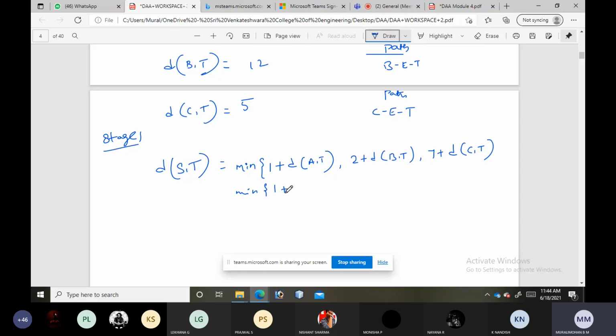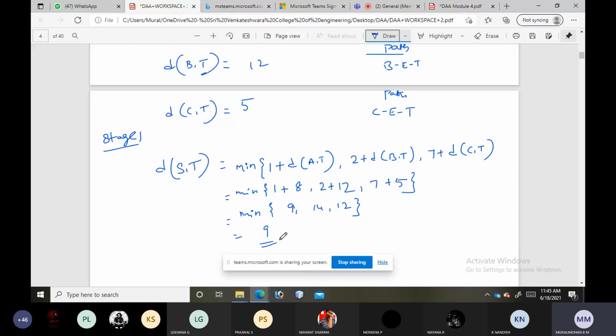1 plus D of A comma T, 8. 2 plus D of B comma T, 12. This is 7 plus D of C comma T, which is 5. So that is equal to the minimum of 9 comma 14 comma 12. So we are getting it as 9.